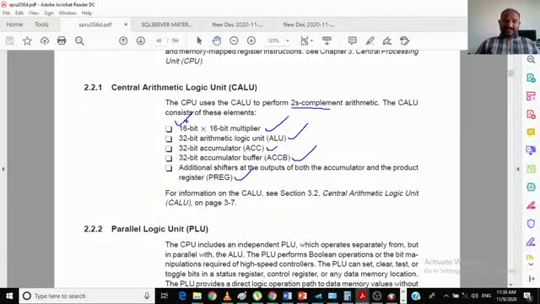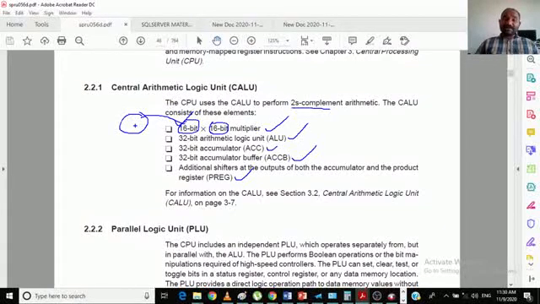Here I'm assuming two 16-bit operands, and this 16-bit operand I'm naming as the multiplicand.